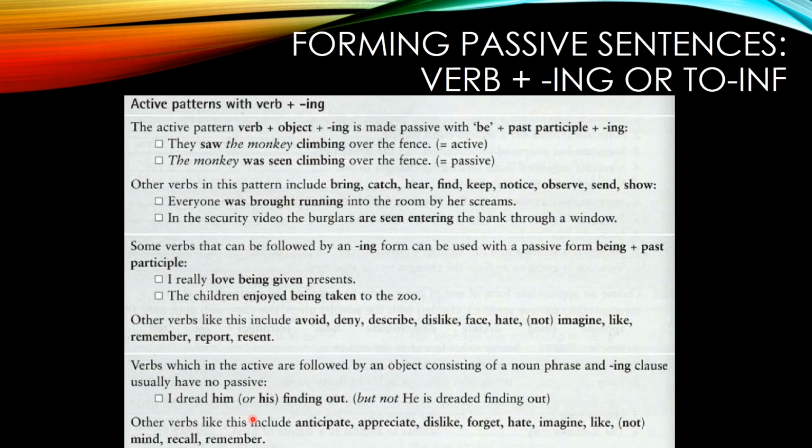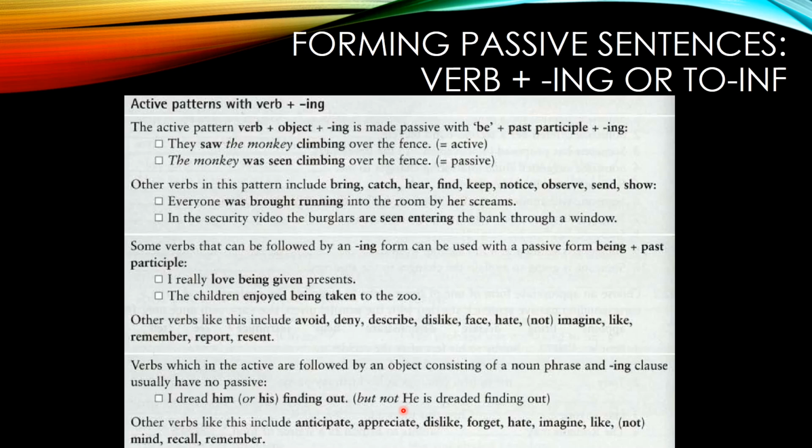I dread him finding out. So he is afraid that he will find something out. In this case, it's a noun phrase. So we can't say he is dreaded finding out, because we lose the logic, the sense.